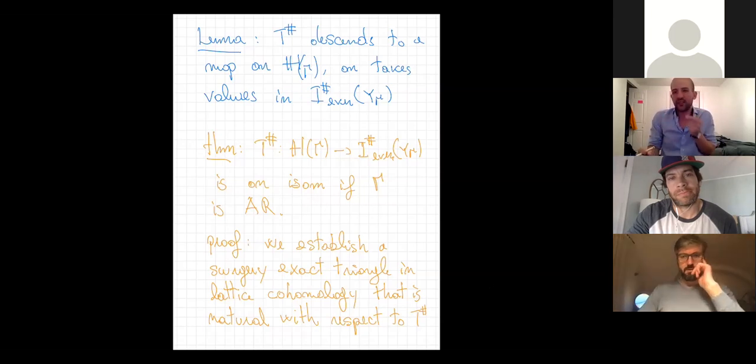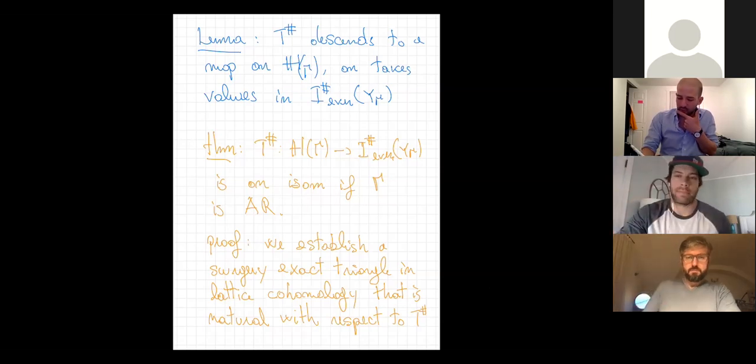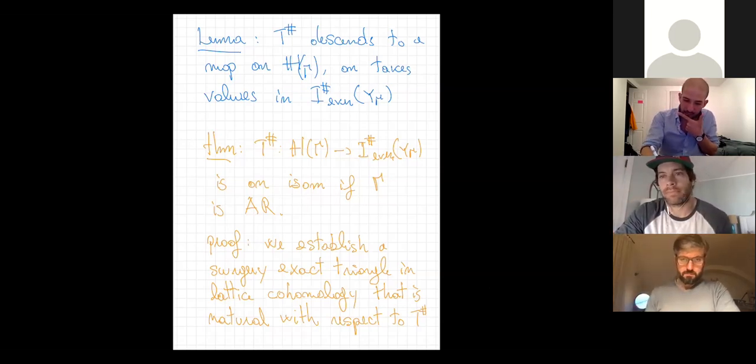For every vertex of the graph, you can write this map as the composition of a map depending on the vertex, the map associated to the lens space cobordism, I call it a BP, and a composition of like this is the first map.